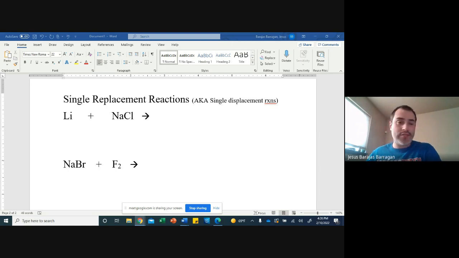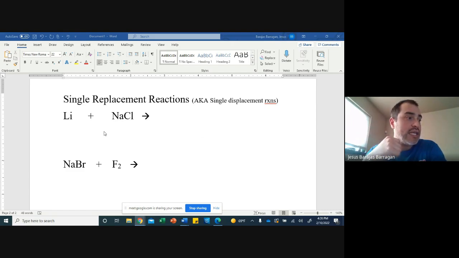Here we go. So for you to be able to determine whether a reaction takes place in a single replacement reaction, you have to look at the activity series to see if the lonely element can replace one of these ones. And the rule of thumb is a metal replaces a metal, a non-metal replaces a non-metal.